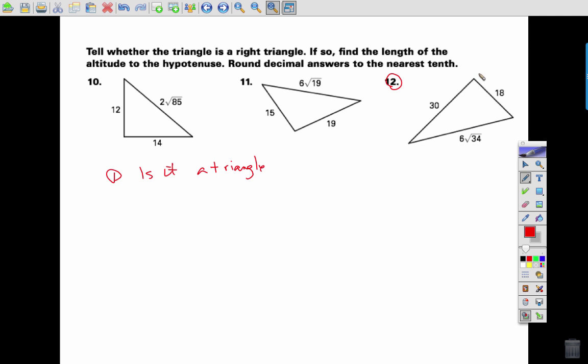Remember, the way we do that is we take the two shorter sides and add them together. In this case, 6 and root 34. If it's root 36, that will be 6 times 6, so it's about 36, right? So this actually is the longest side, which means I need to do 30 plus 18.